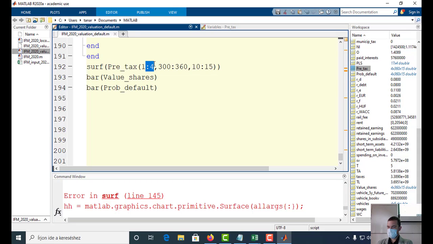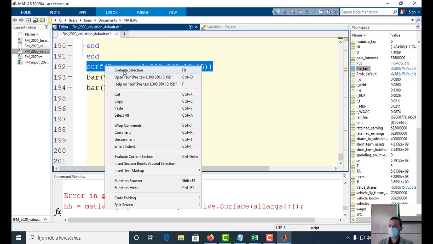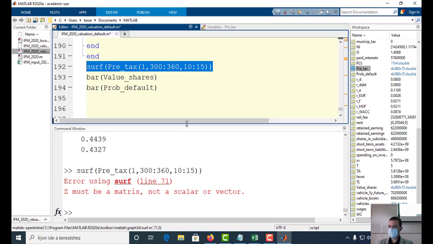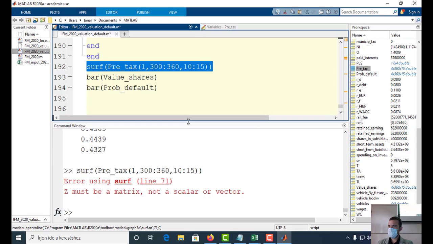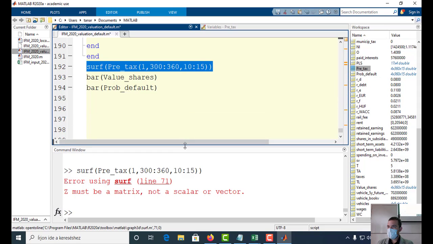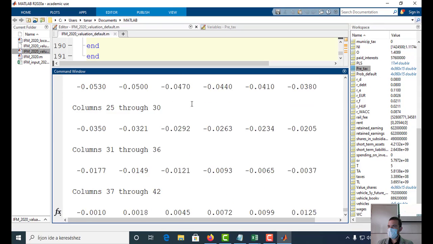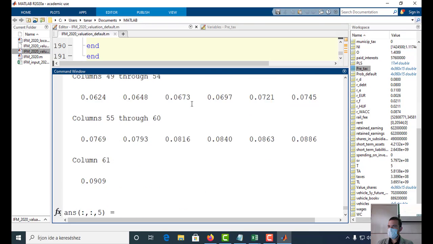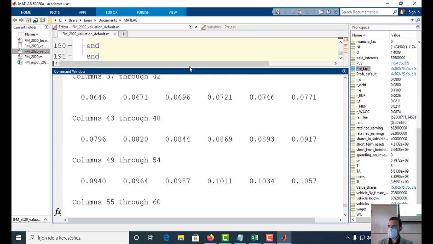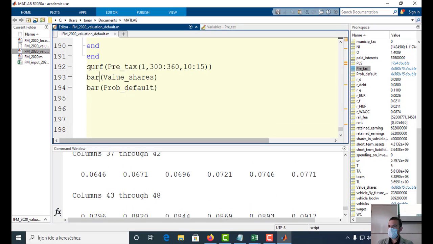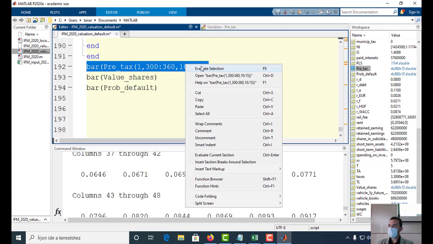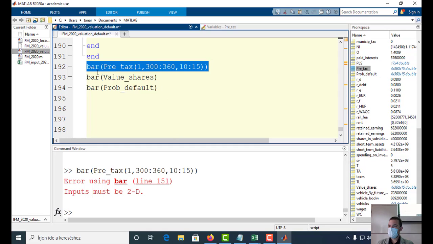Okay, if you are saying that we are just focusing only on one locomotive, then Z must be a matrix, not a scalar or vector. Yeah, it must be 3D.